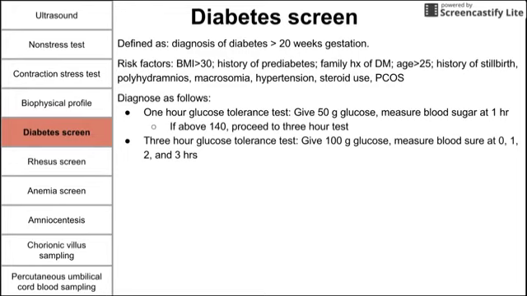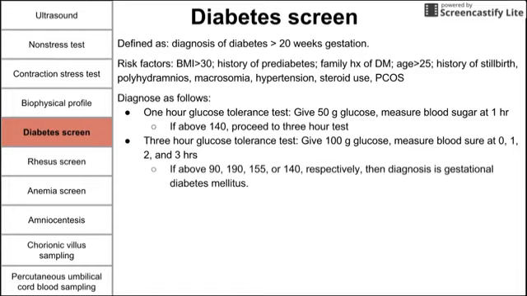The 3-hour glucose tolerance test entails giving 100 grams of glucose, and then you measure the blood glucose at 0, 1, 2, and 3 hours. If any of those 4 measurements are above 90, 190, 155, or 140 respectively, then the diagnosis is gestational diabetes. And remember that you need to diagnose gestational diabetes after 20 weeks of gestation.